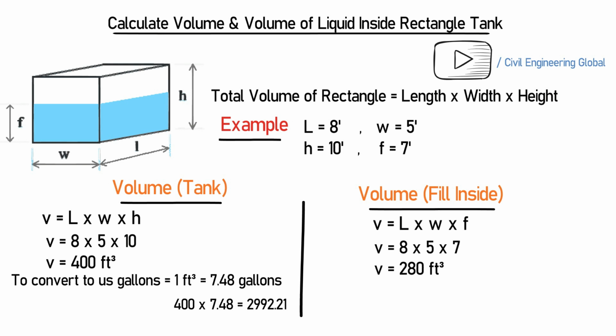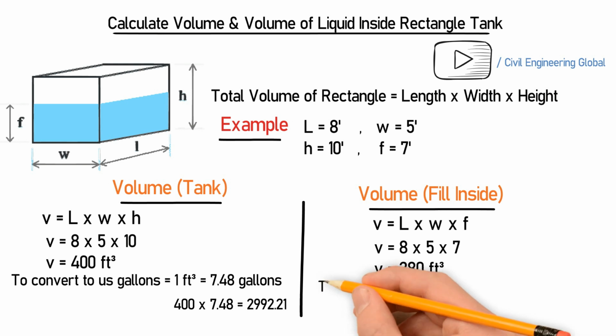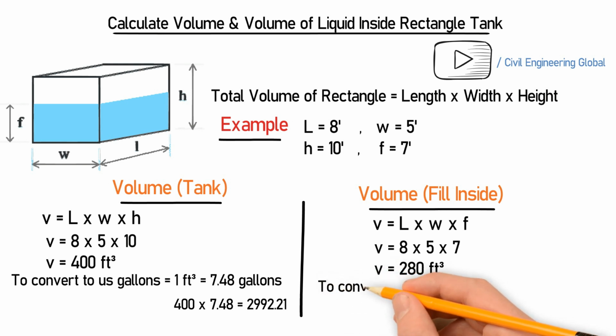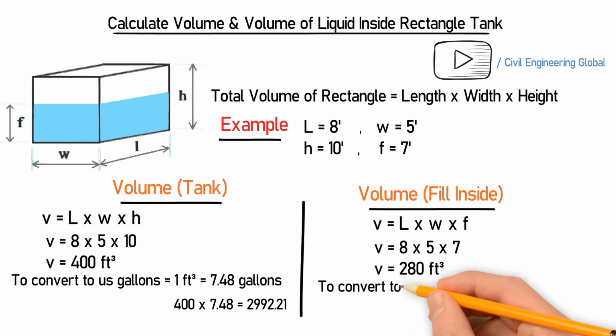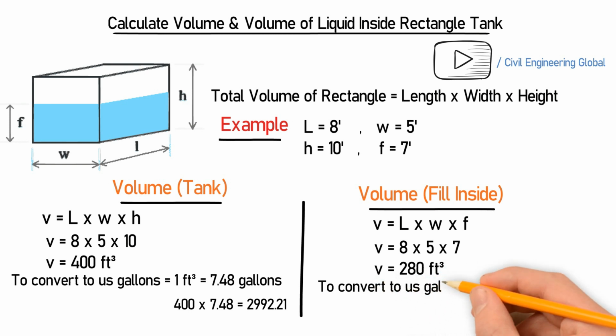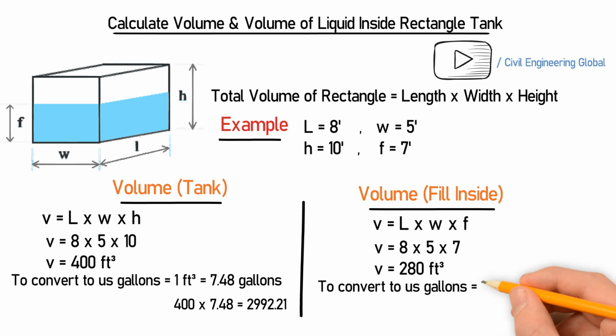Again, this is in cubic feet. Let's convert this into US gallons. As we all know, 1 cubic foot is equal to 7.48 US gallons.